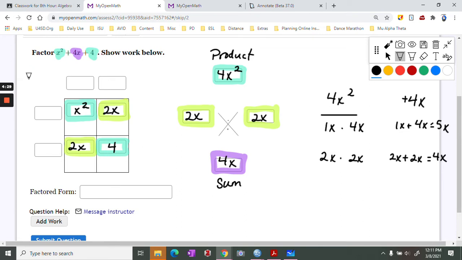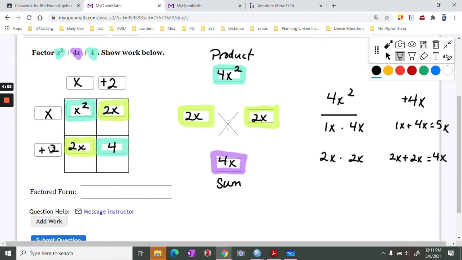Now we go back to our GCF. X squared and 2x have a greatest common factor, and that greatest common factor is x. X times x gets me back to x squared. X times positive 2 gets me back to 2x. X times what is 2x?